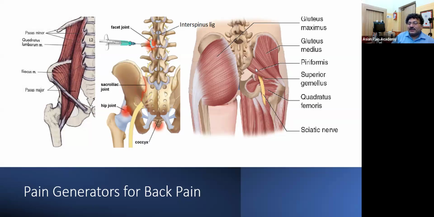So whenever there is spasm in this piriformis muscle, there is a disease known as myofascial pain syndrome. As I have not told you about that disease earlier, I'm not referring to it in detail, but it is actually myofascial pain syndrome. Here, because of the spasm, there will be pain over this nerve, and the patient will have pain along this nerve.